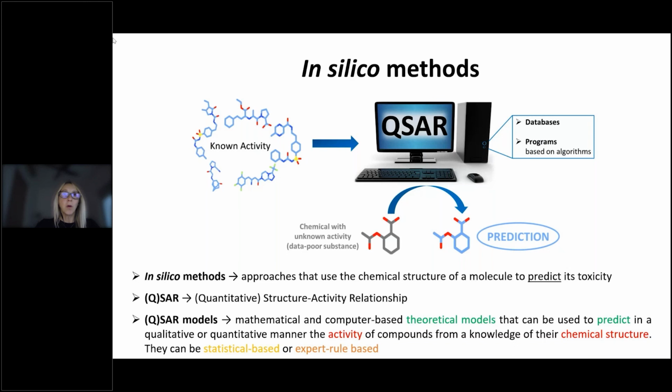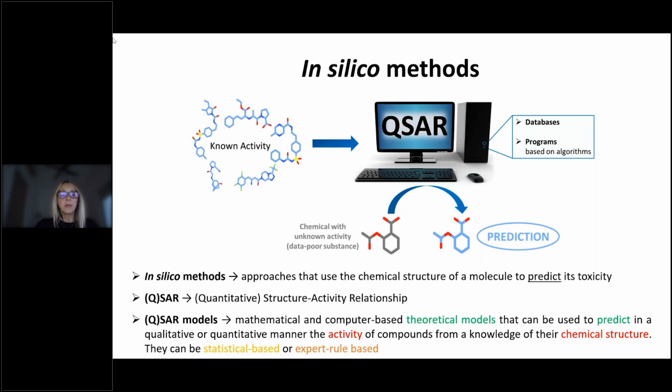In silico methods include the so-called QSAR methodologies, where QSAR stands for quantitative structure activity relationships. QSAR models are mathematical and computer-based theoretical models that can be used to predict, in a qualitative or in a quantitative way, the activity of compounds, starting, as we said, from the knowledge of a chemical structure.